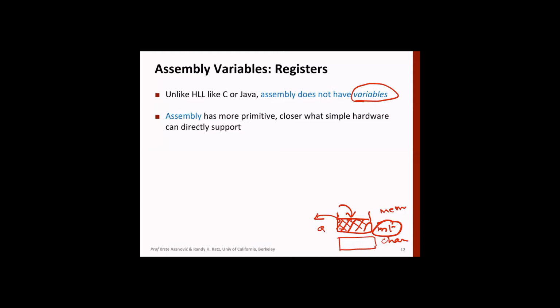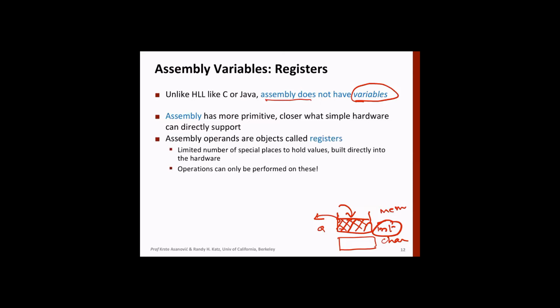However, note that when you do assembly language programming, we don't have variables. We cannot define variables, right? So we have to use registers. For example, for a C instruction like a = b + c, you will have to put the value of c in some register, say 1, b in register 2, and do the add operation on b and c, and the final value that you get will be stored in register a.